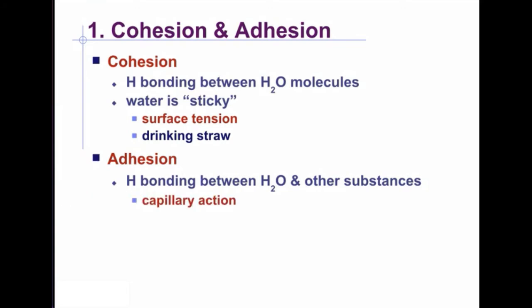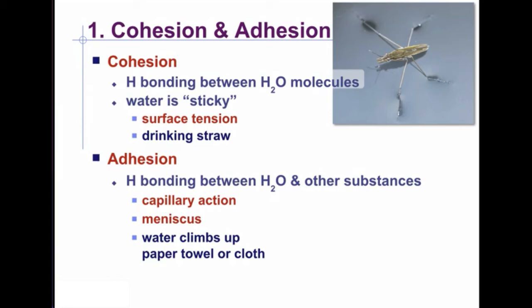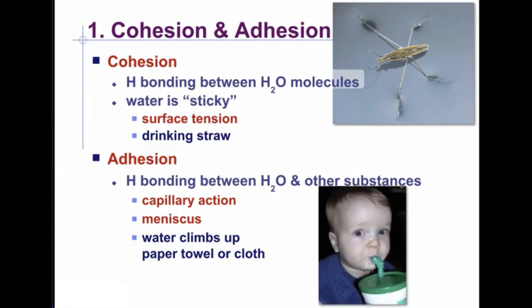Okay, so that causes capillary action, just like in the stem of plants. Also the meniscus that you can see on the outside of the glass, and as water climbs up to be seeped into your paper towel or cloth. Okay, so this is another example of surface tension right here, and of course your adhesion.